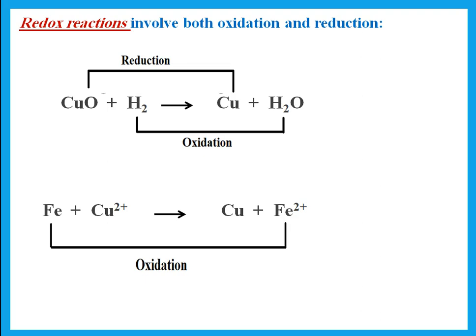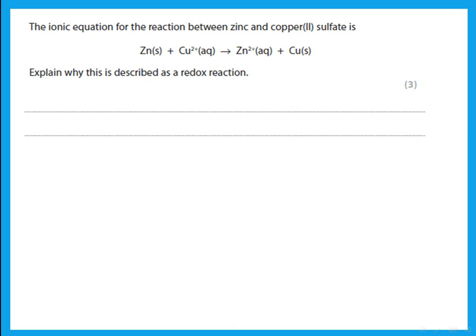That is an increase in the oxidation number, that is oxidation. And we say that it is the Fe that has been oxidized. Now, copper 2+ has changed to copper. That means either you say that it has gained electrons, or you say that the oxidation number has changed from +2 to 0. That means the oxidation number has decreased, and that is reduction.